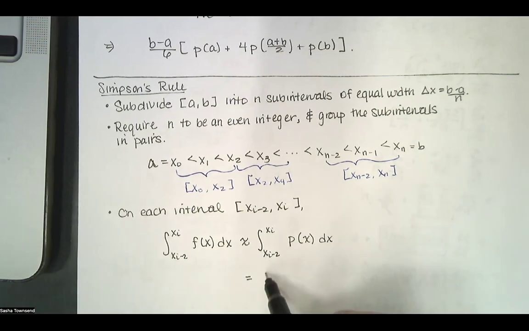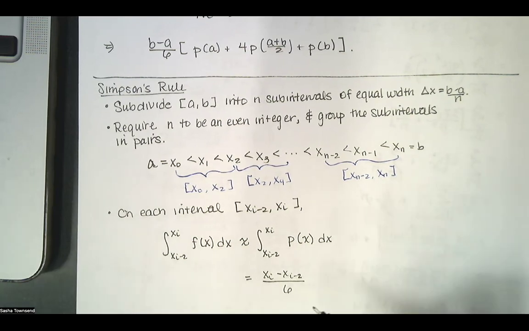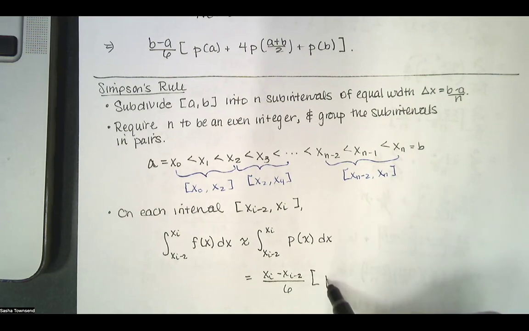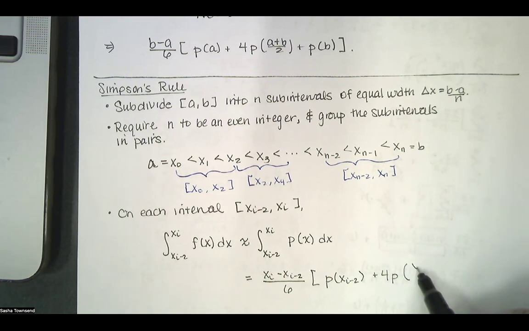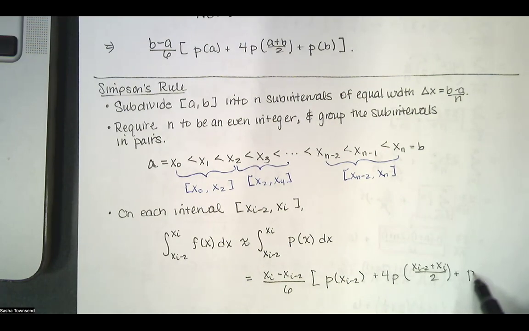It is x sub i minus x sub i minus 2 divided by 6 times p at that first x value plus 4 times p at that midpoint between the 2 x's, plus p at the final x value of that interval.